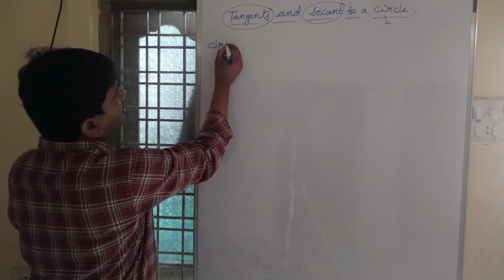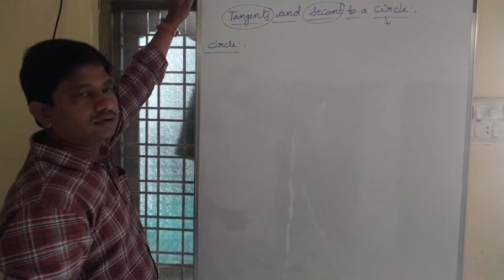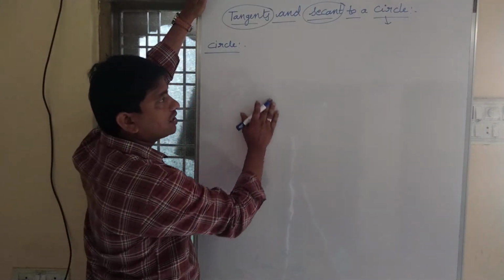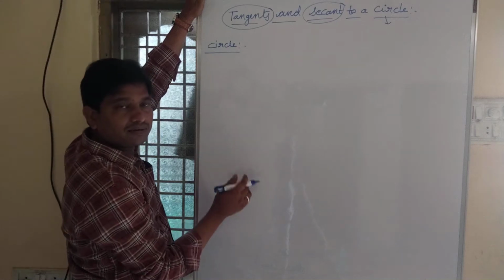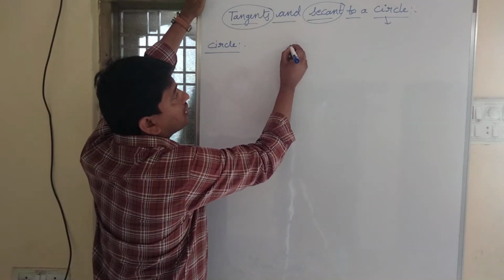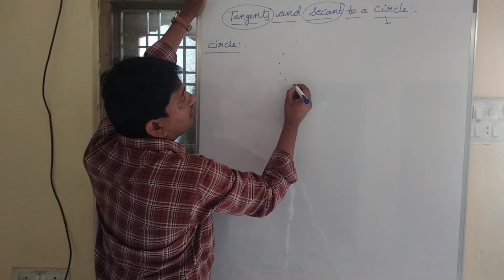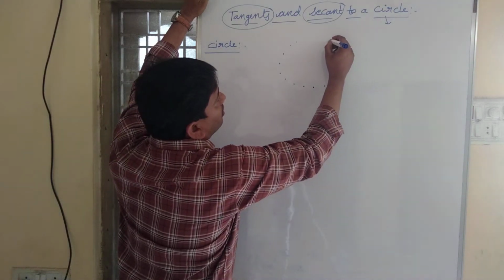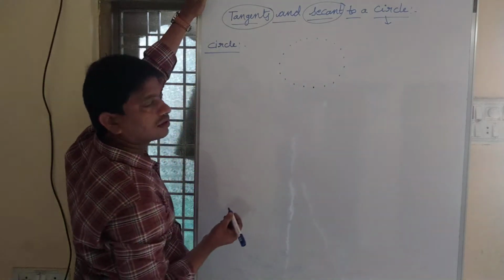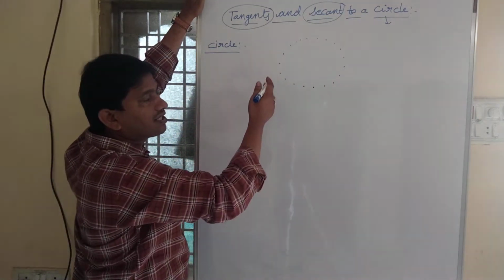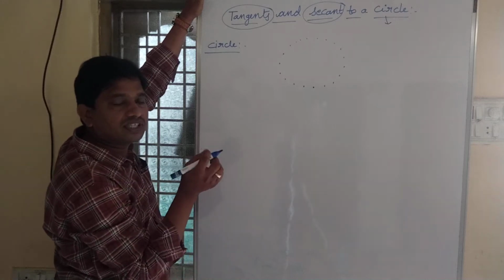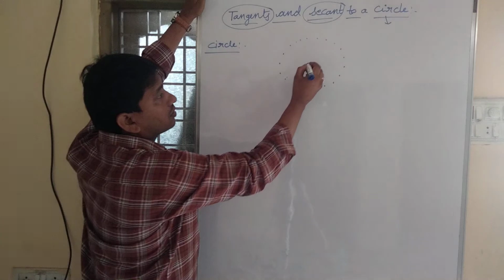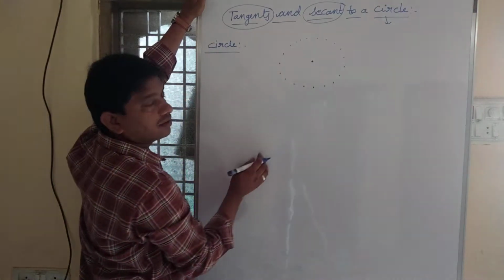Students, what do you mean by circle? According to mathematical terminology, you consider this board as a plane. These are a collection of points in a plane which are at a fixed distance from a fixed point. This is our fixed point.